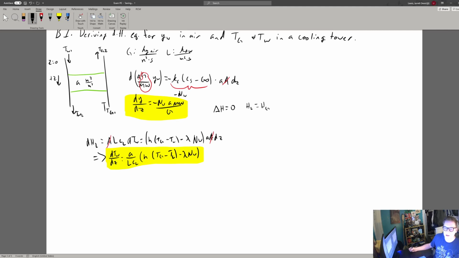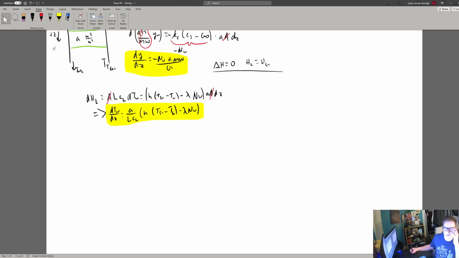And now we can move on to the temperature of the gas. And we're going to be using the same principle that we did up here. The change in enthalpy is going to be 0, and the enthalpy of the liquid is going to be equal to the enthalpy of the gas. Let's go down a little bit.